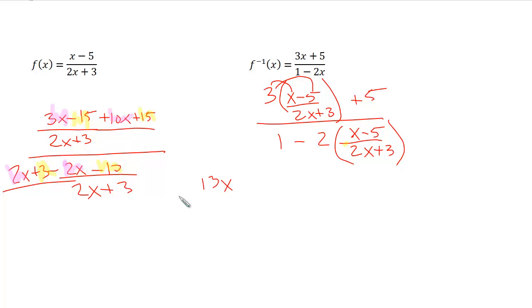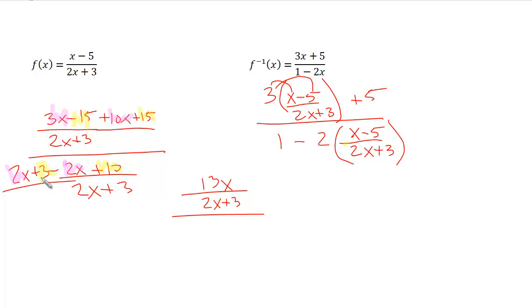So I have 13x over 2x plus 3 over, and then 2 minus 2, those cancel, 3, and excuse me, this should have been distributed, so this is a plus 10 in parentheses here, and then we distribute the negative sign through.